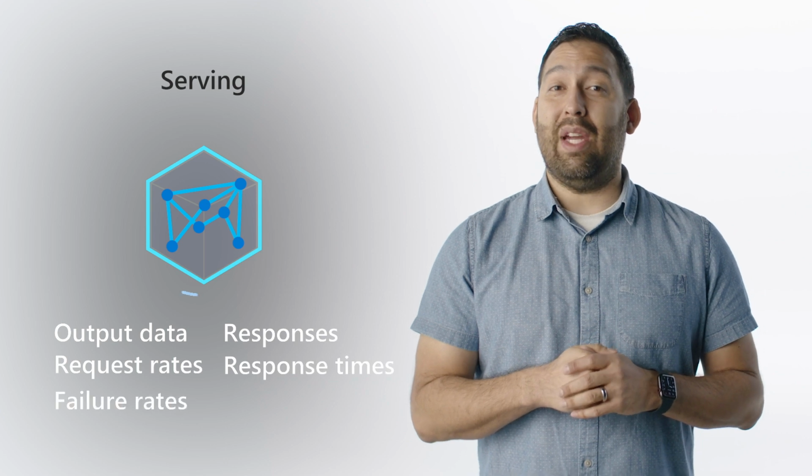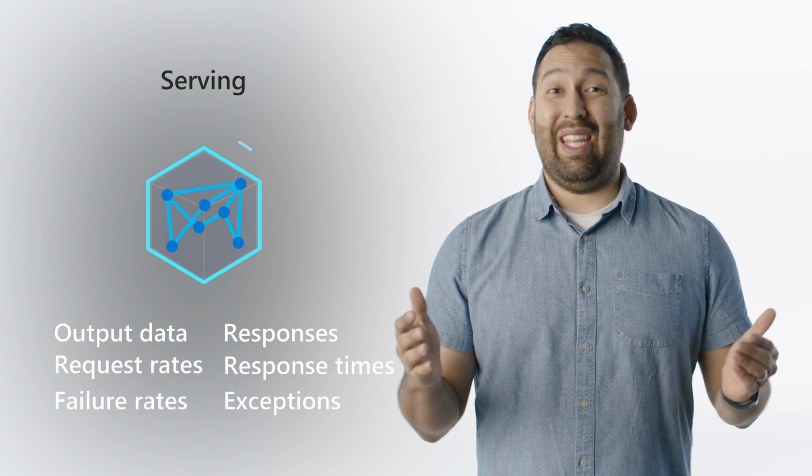Monitoring models in production can be thought of from two perspectives: monitoring from serving infrastructure and monitoring from the inference data, looking from the outside and the inside. Let's talk about serving. With the cloud, you can monitor things like output data, responses, request rates, response times, failure rates, and exceptions without any effort.